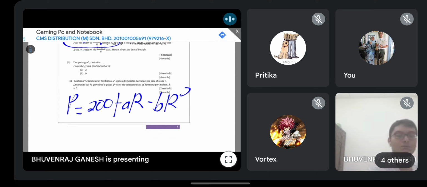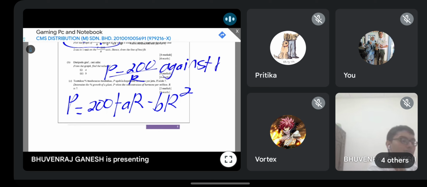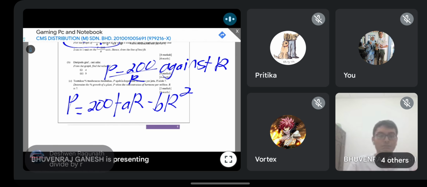So guys, can you tell me how to convert this equation? I want to plot P minus 200 over R against R. So how can I convert this? What is my first step? Step number 1, how should I convert it? Before that, what should I do?